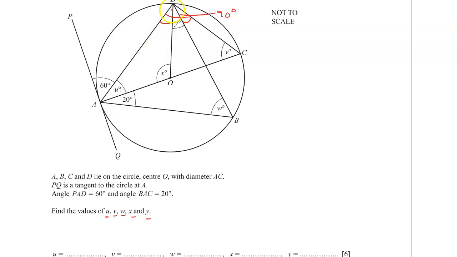Add DB. We have that angle there. So we know that V is equal to 60 degrees. These are angles in alternate segments.